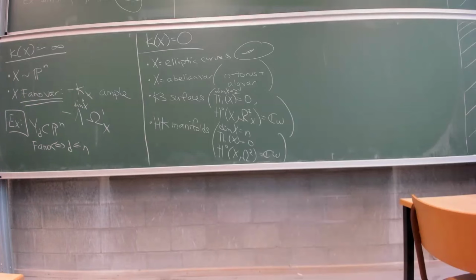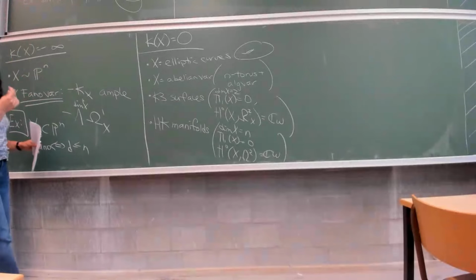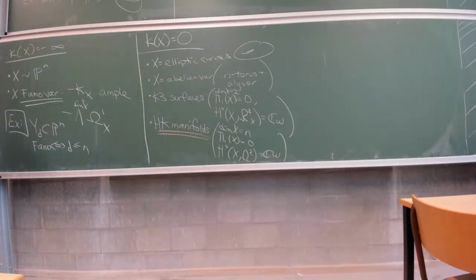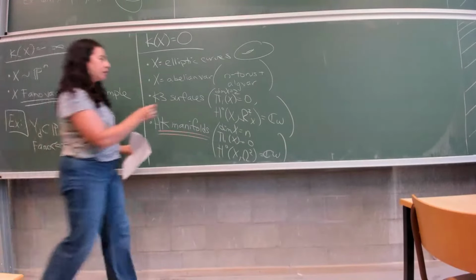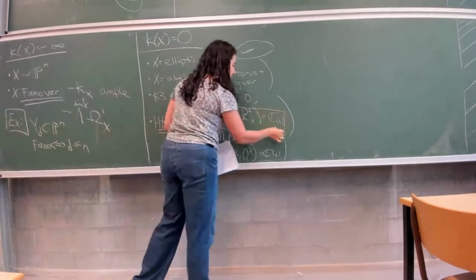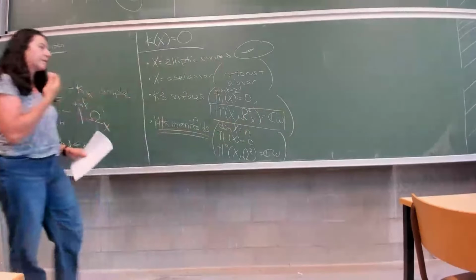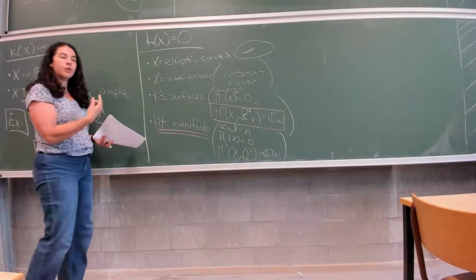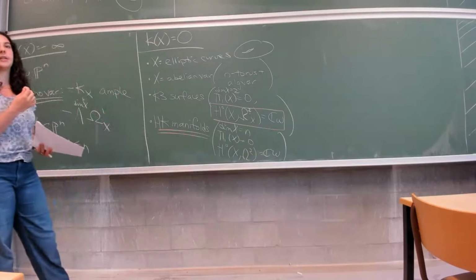Okay. And recall that this word hyperkähler manifolds is in the title of my talk, so this is some kind of important definition. So I'm going to take a minute to dwell on it. But it turns out that this condition right here, this condition of having the space of global sections of 2 forms on your variety be generated by a single non-degenerate 2 form, is a super strong condition.